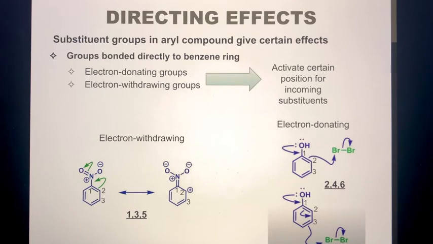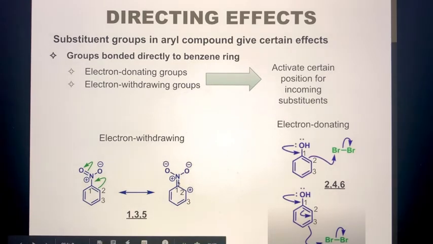Also, don't forget about directing effects. Directing effects is when benzene is already bonded to one group, and that group will direct the incoming group. For example, a simple scenario is nitrobenzene, right?